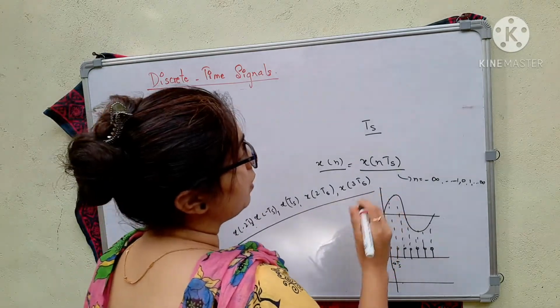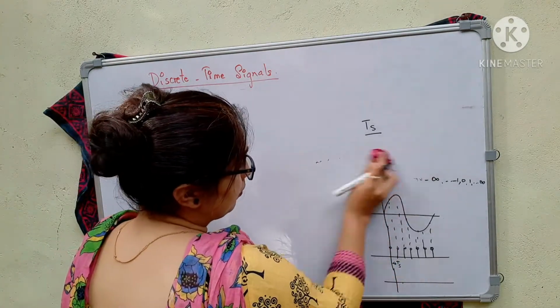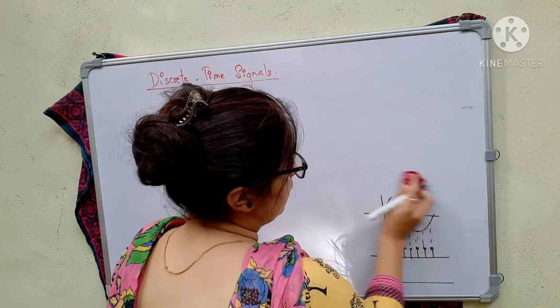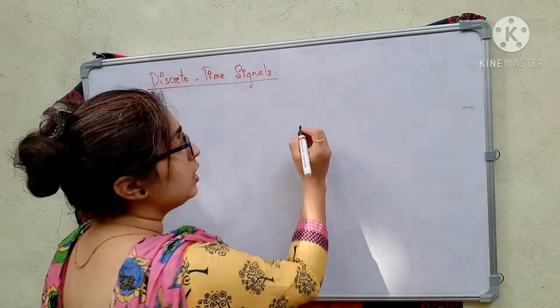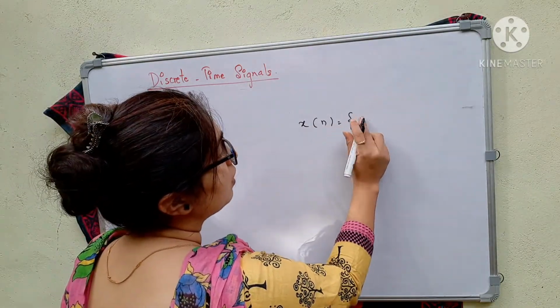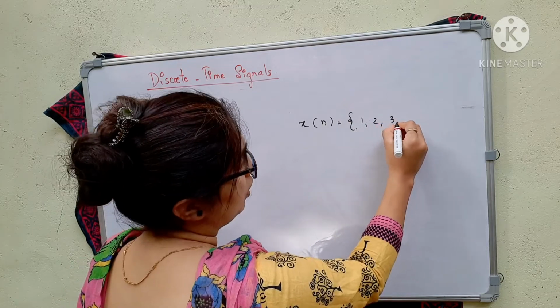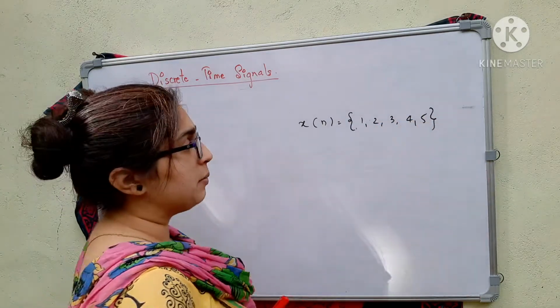Like this we get the samples. So the discrete time signal is a sequence of numbers or samples. For x of n, you can have values like 1, 2, 3, 4, 5.